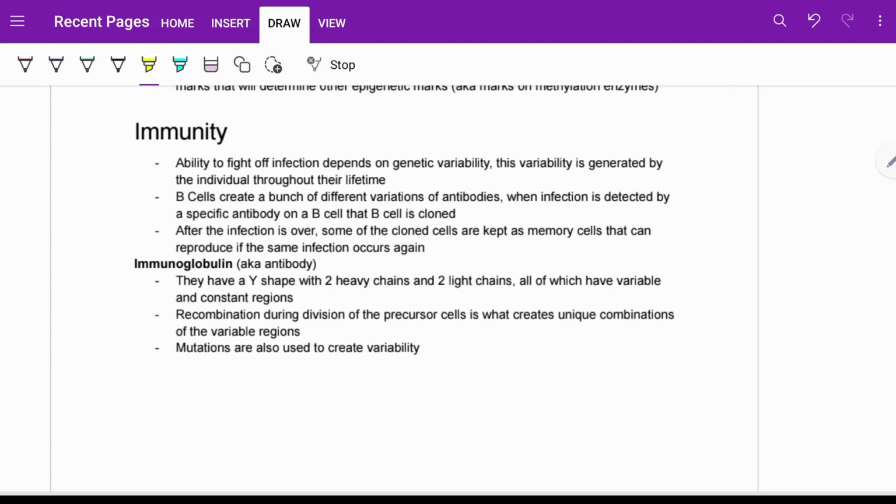We have these things called B cells, and as you go on with life, these B cells will keep reproducing and recombining and creating a bunch of variations in these antibodies. And these antibodies, when they match up with an infectious cell, then we make a ton of clones of this one antibody so your body can fight it off. And then once that infection is over, we keep some of them in memory, and that's basically how our immune system develops and grows and builds.